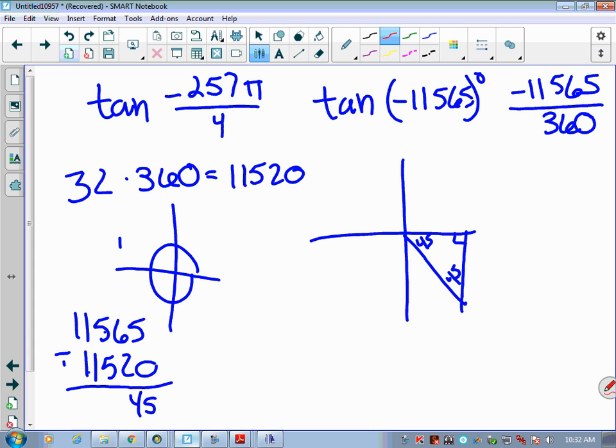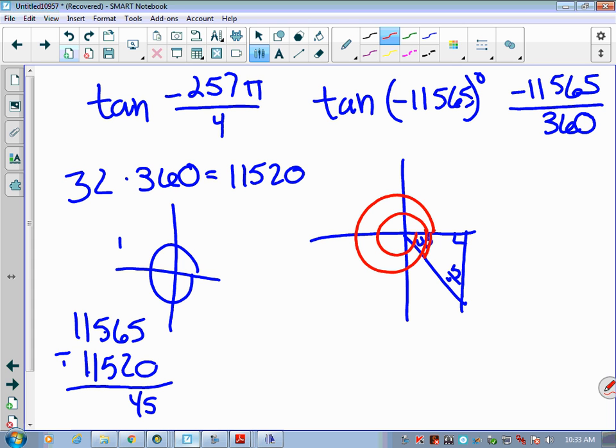Because it was negative, which means that is a complete rotation. As I go around again, let's say I went around 32 times, that's where I would stop. But because I have an additional 45 degrees to go, I have to keep going in that direction, which brings me 45 degrees into the fourth quadrant because I'm going in a negative direction.